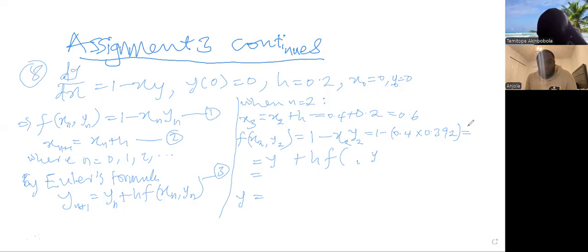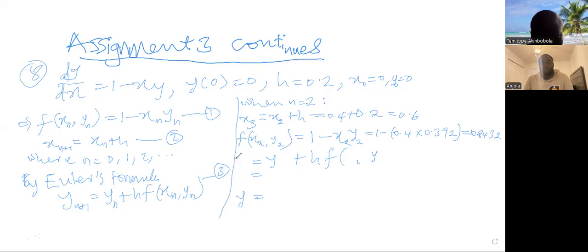Multiply and subtract it from 1. That should be 0.84 something. Yeah, 0.8432.